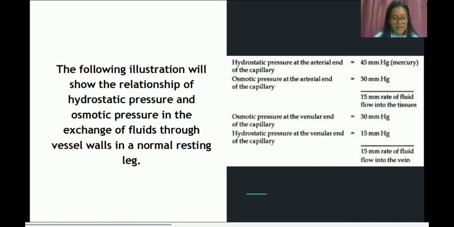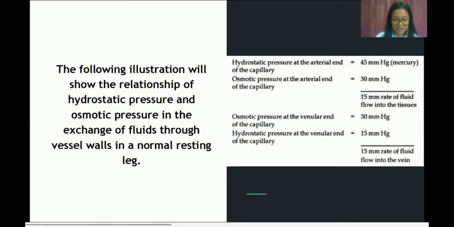At the venular end of the capillary, hydrostatic pressure of 15 mmHg cannot overcome 30 mmHg osmotic pressure of blood, and fluid flows from the interstitial tissue spaces into the venular end of the capillary at the rate of 15 mmHg.